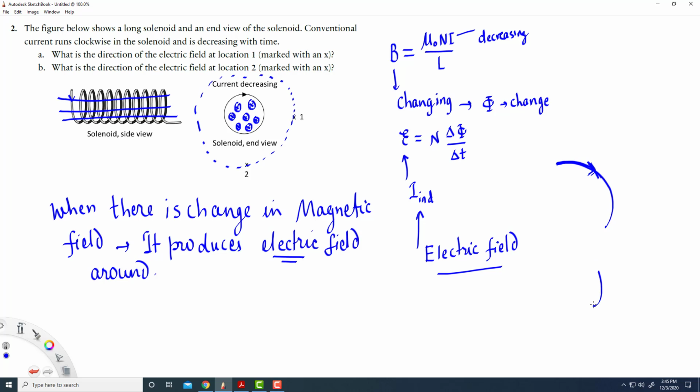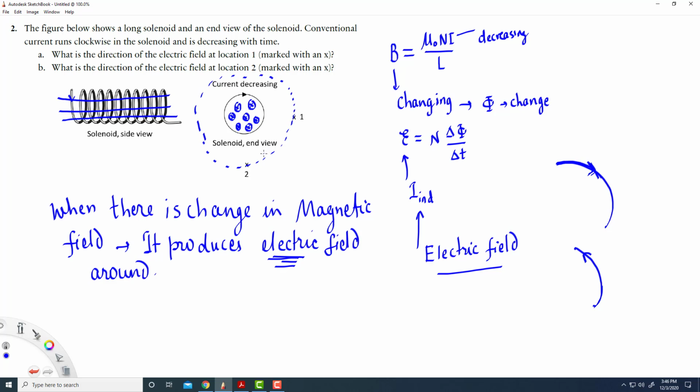If the current is flowing in this direction, that means the electric field is pushing the charge carriers in this direction. Okay. So if we could find the direction of the current, then we can find the direction of electric field. Okay. So we can assume that there is a wire, okay, going through points 1 and 2, and there is current flowing in that wire.